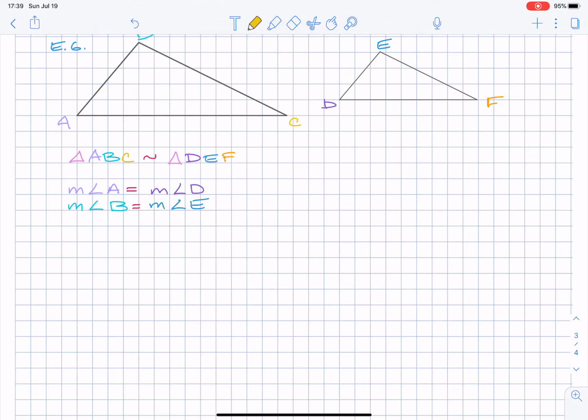I know that the measure of angle C will be the same as the measure of angle F.